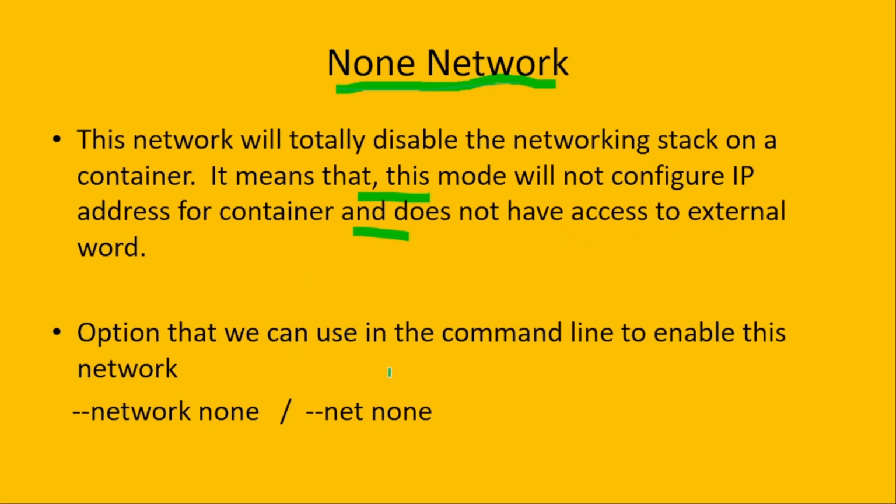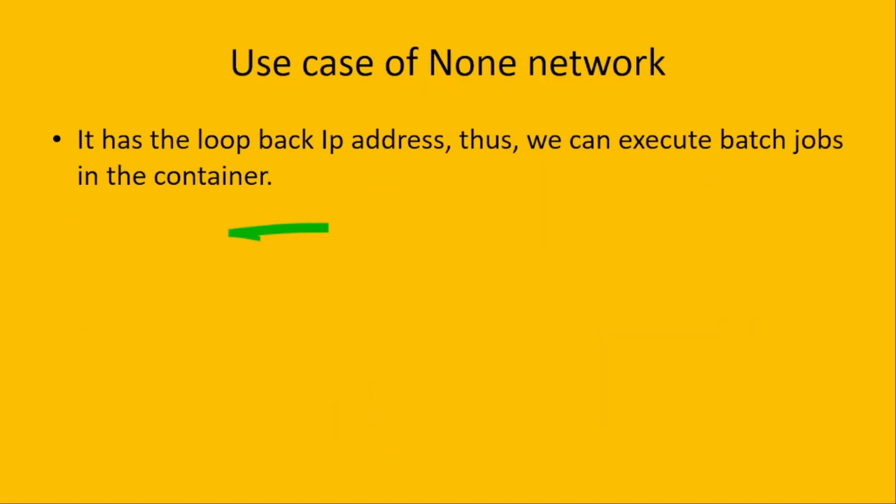The option that we can use in the command line to enable this network is --network, or we can use only --net. We will use both options in the lab section. And where can we use it? It has the loopback IP address, thus we can execute batch jobs in the container. So this is the only use I know.